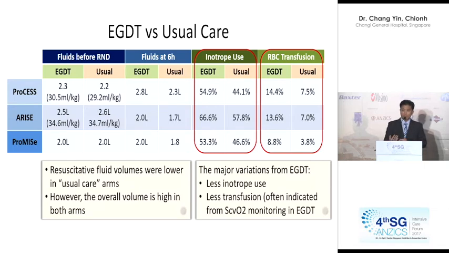There's less inotrope use and less transfusion in the usual care group, because if you implement the early goal-directed protocol very strictly, you'll be trying to chase the MAP and also the SCVO2. SCVO2 is chased using blood transfusions. So this is what I find to be the main difference in comparing early goal-directed therapy versus usual care.